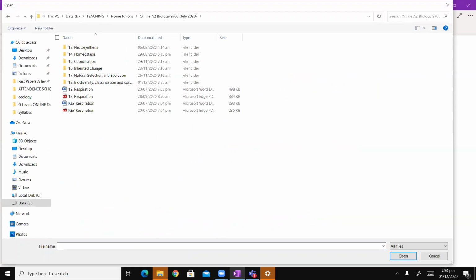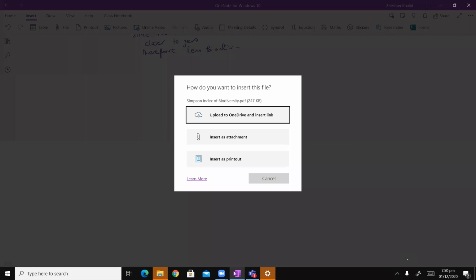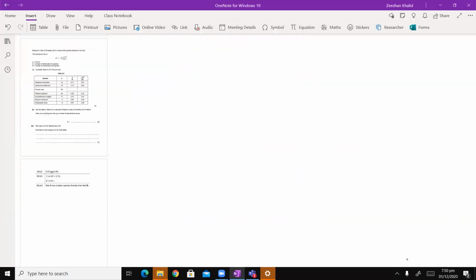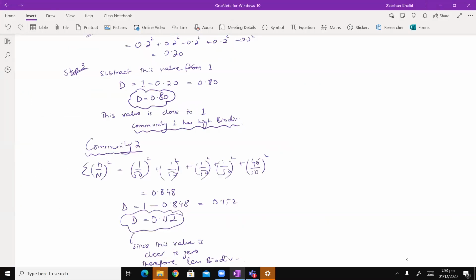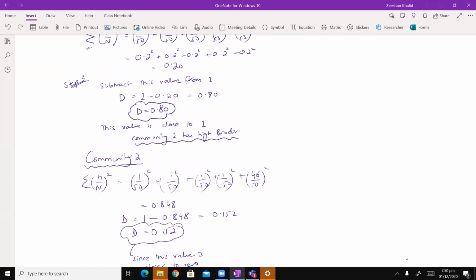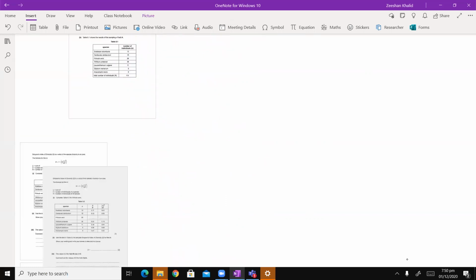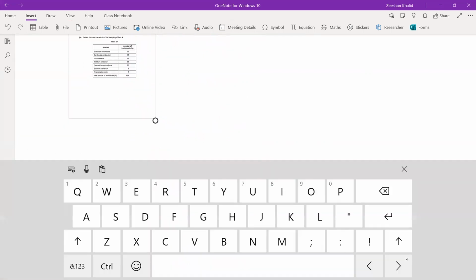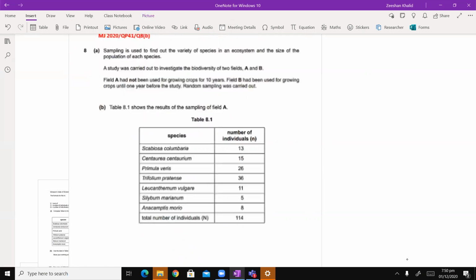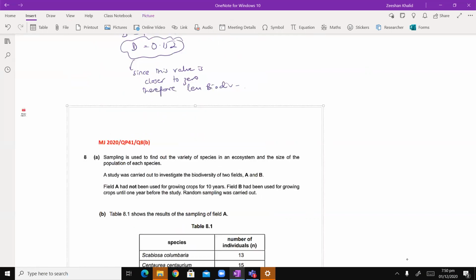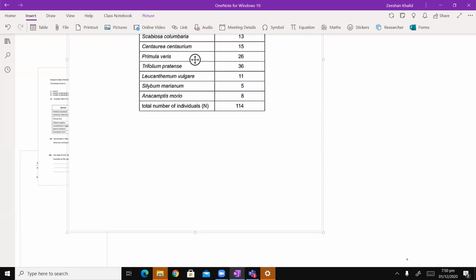Topical questions, biodiversity, Simpson's index of biodiversity. Let me enlarge it according to its size. That's the alignment. And then the following.